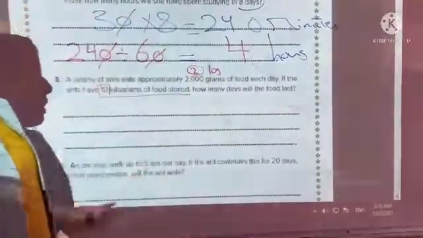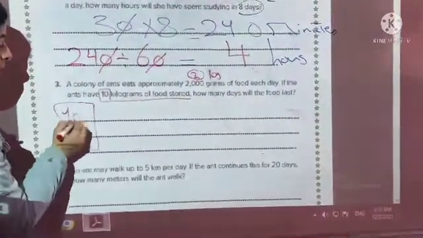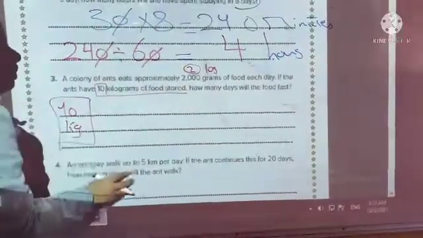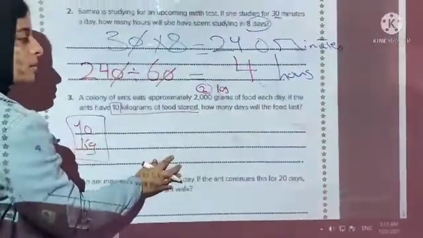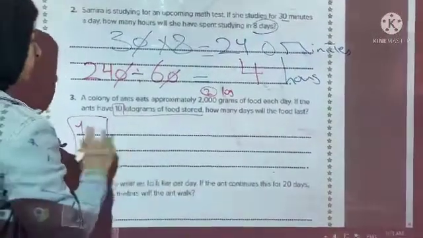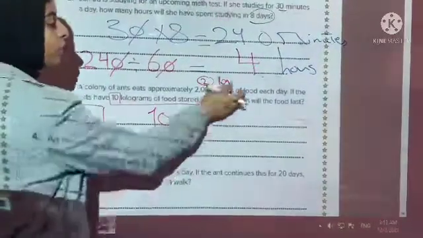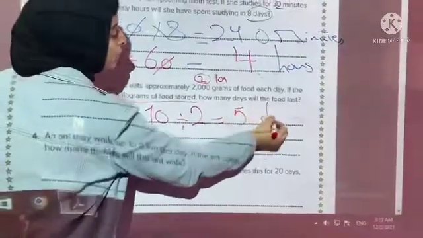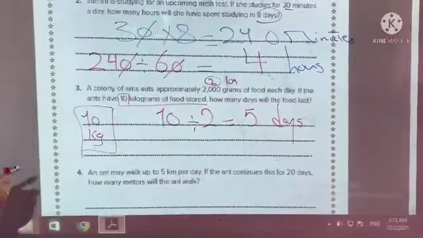And they have stored 10 kilograms. I want to know how many days this food will last. So I'm going to divide the total: 10 divided by 2 equals 5. That means this food will last for 5 days.